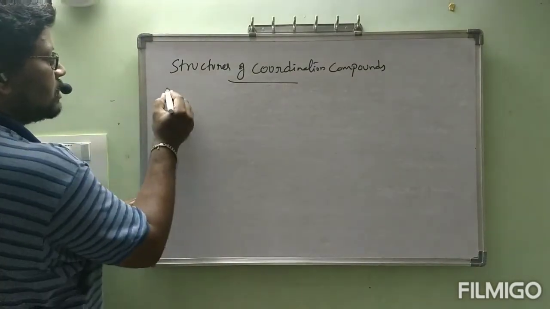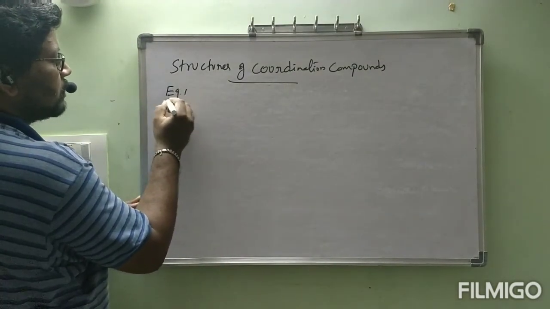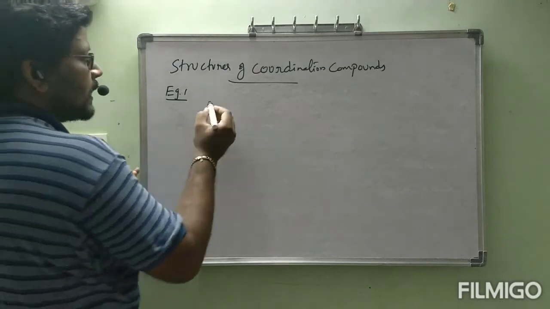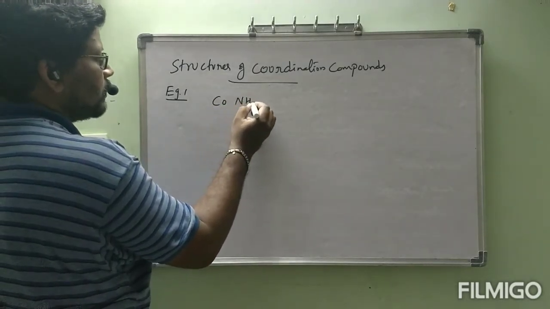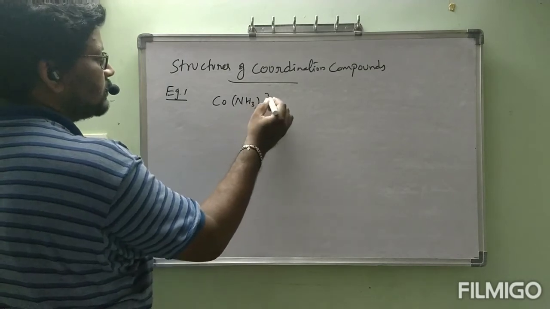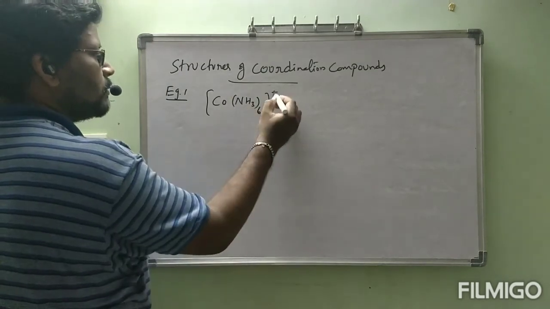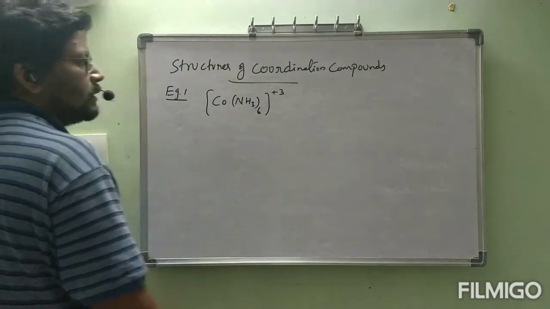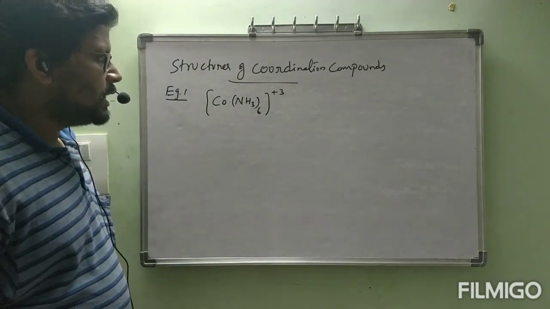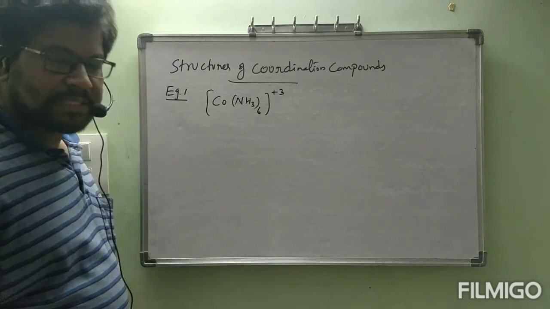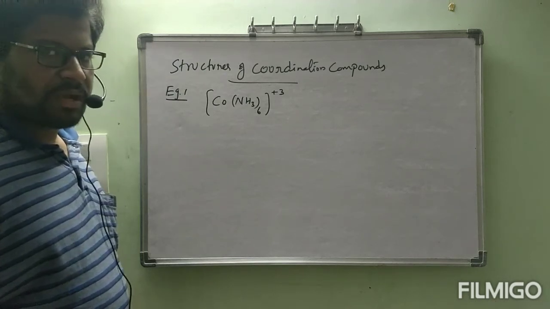First, example 1, I took [Co(NH3)6]3+. I took this compound, [Co(NH3)6]3+. This is the complex.